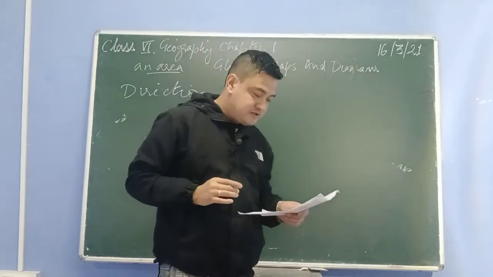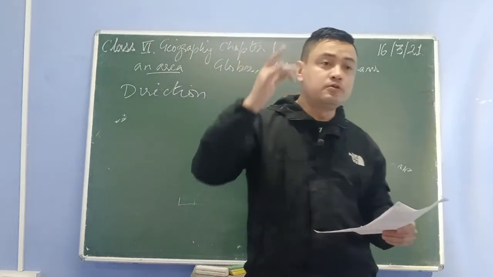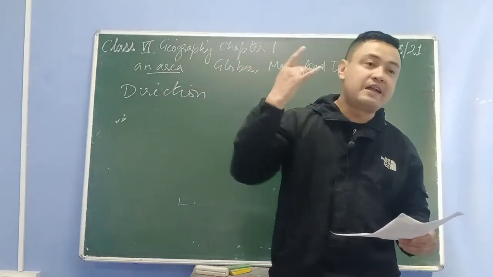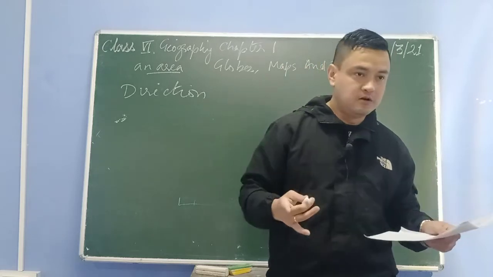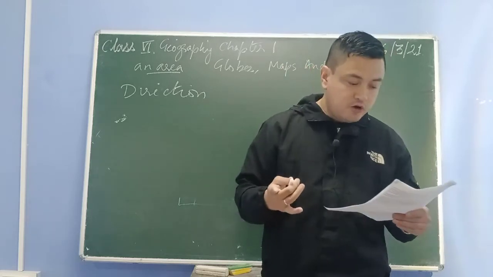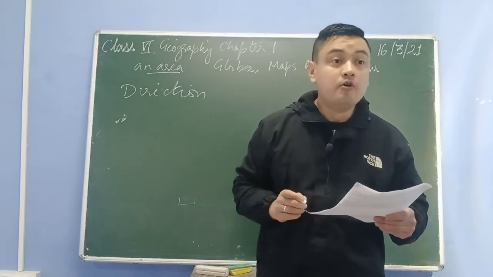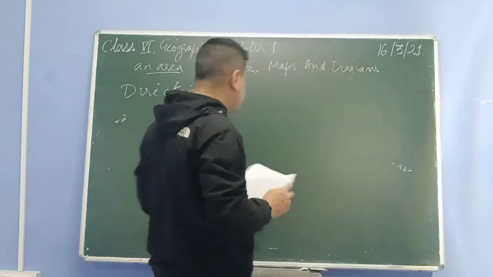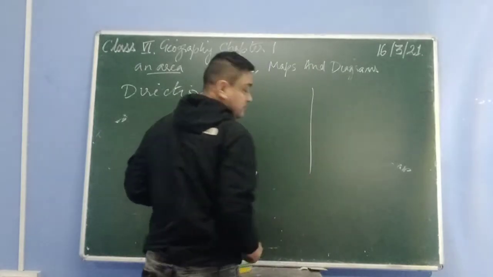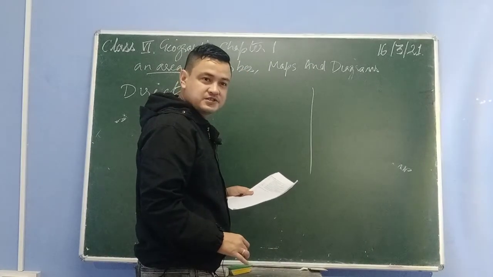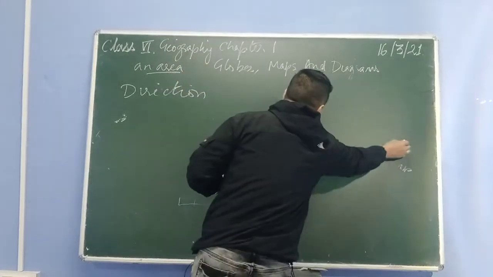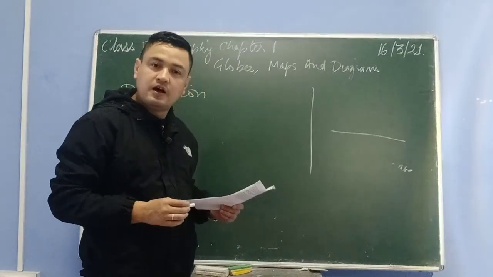Whenever we are talking about direction, the first thing you have to understand is that in many maps, if you look at an atlas also, or if you find any map of the world or of a country, you will find that there is a vertical line. What is a vertical line? This line is called vertical. Are you understanding? This line is called horizontal. Are you getting my point?